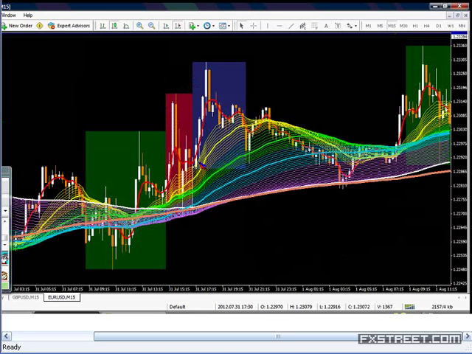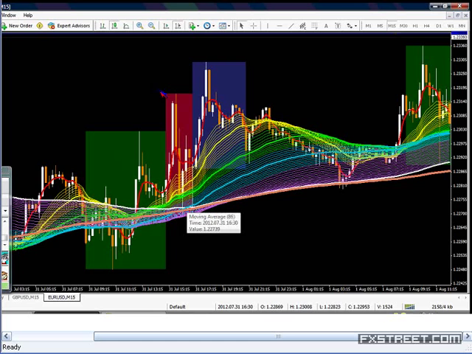I mean, look at this. You have a pretty good move and then a pretty good drop as well. But what I would say, and for me it's important, I'm not sure how you guys trade, it's not necessarily the thrill of getting into the market when you know something's going to happen that makes me tick.